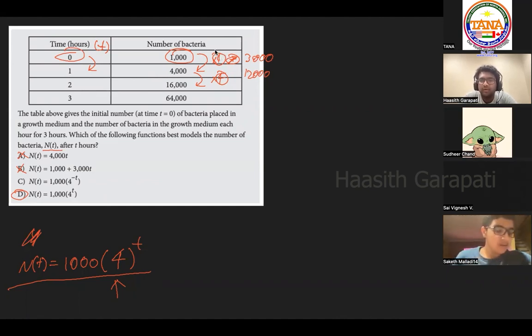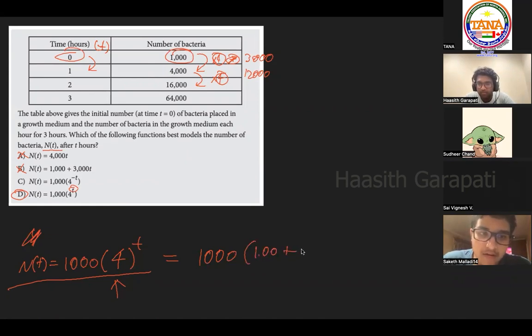Okay, as I was saying, remember how I said before that T cannot be inside, but then now you're like, oh, what's the deal? T is on the inside here. Well, in this case, it's okay because this equation, if we expand it out, in reality, is equal to 1,000 times 1.00 plus 3.00 to the power of T, because this is our original 100%.